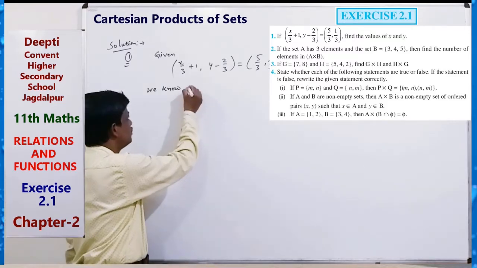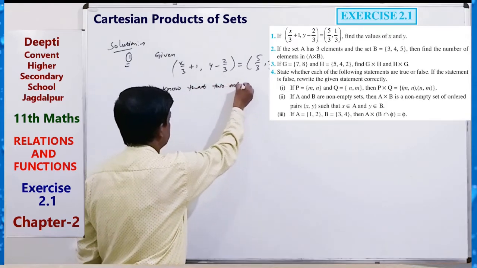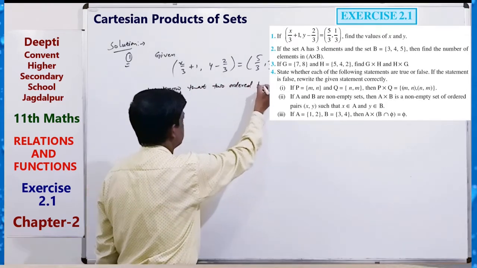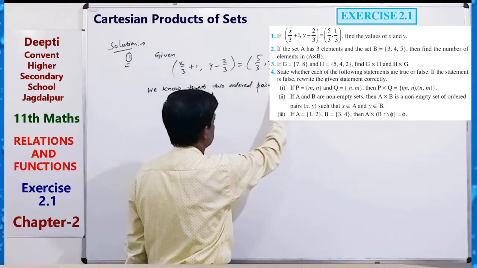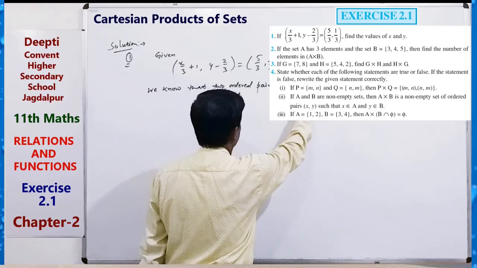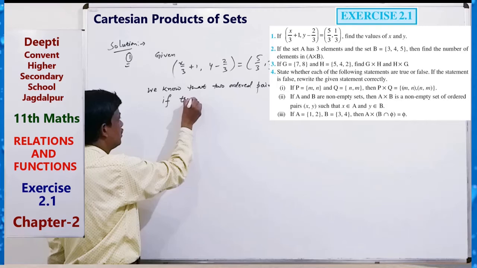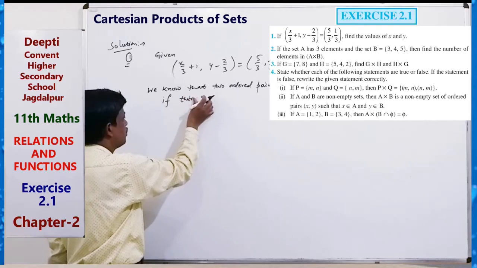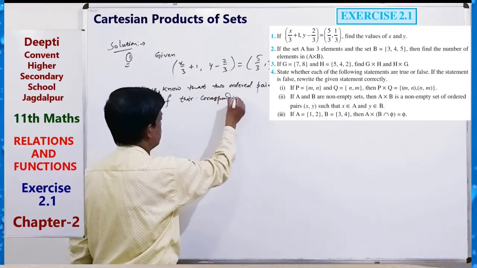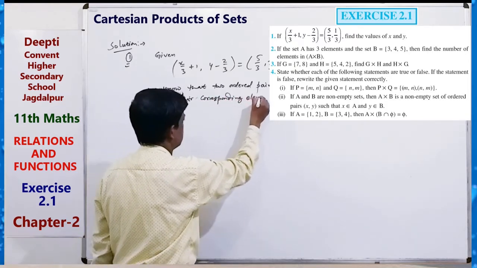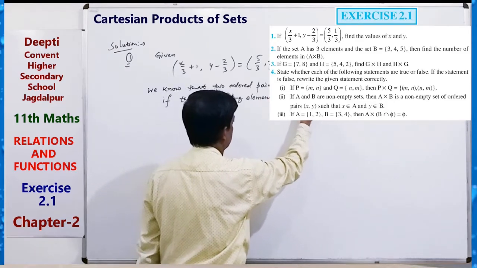We know that two ordered pairs are equal if their corresponding elements are equal.